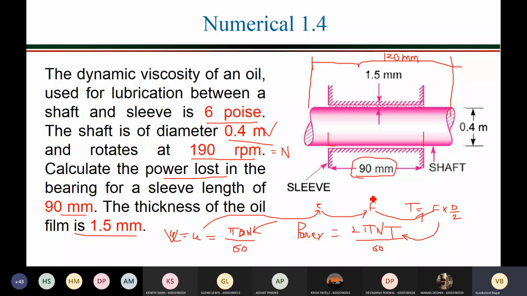Make it fast. It's very simple. See, what is the value of mu? It should be 0.6, right? Dynamic viscosity 0.6 Newton second per meter square, because 10 poise is equal to 1 Newton second per meter square.